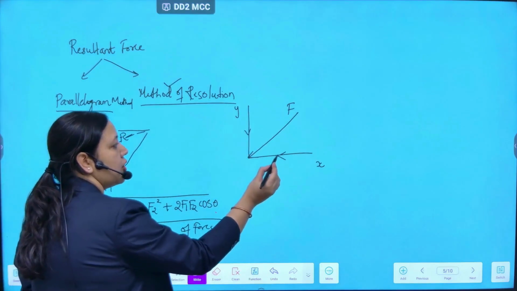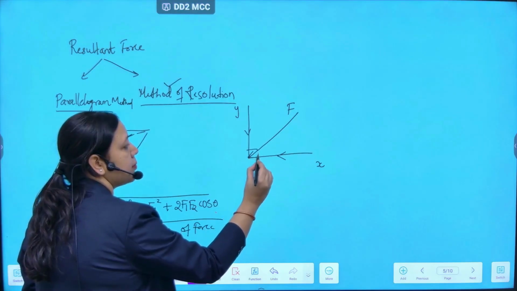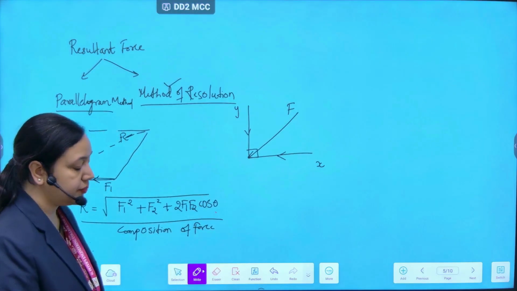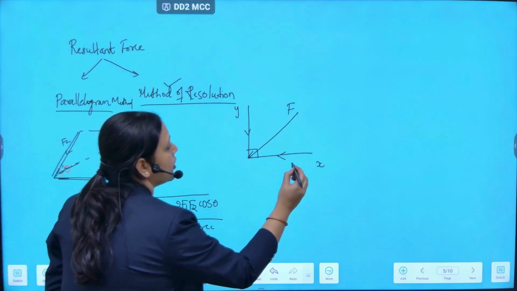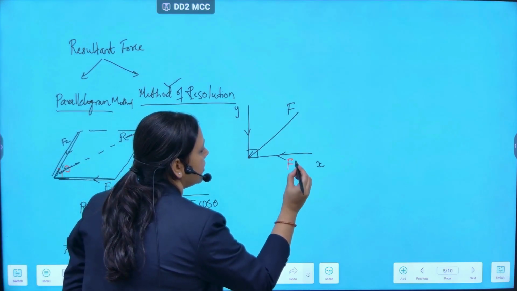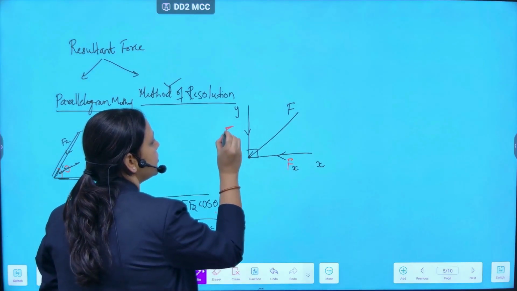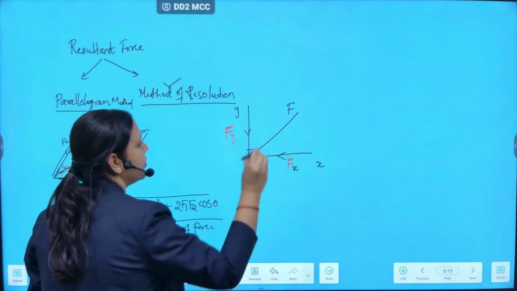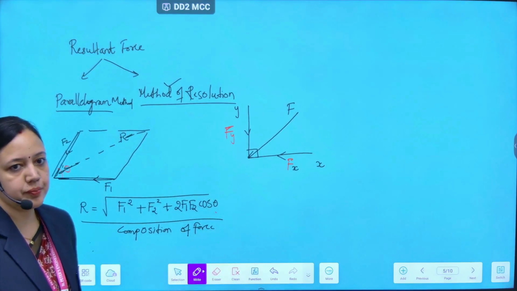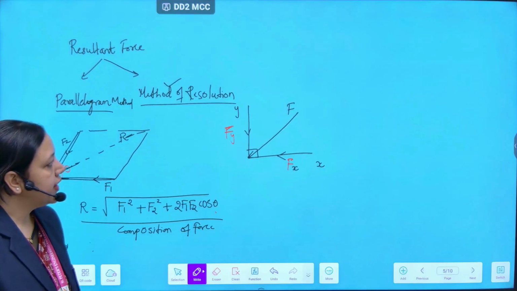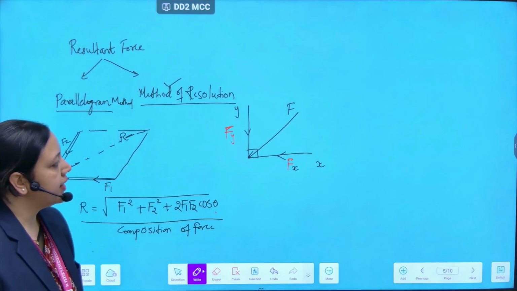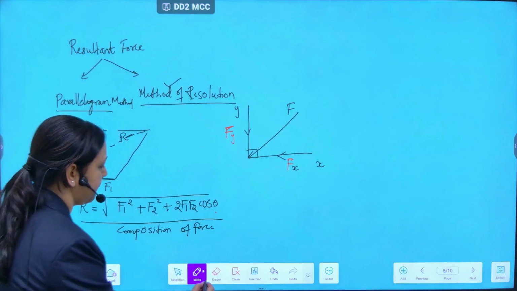The resolved components will be mutually perpendicular to each other. The component along the x-axis, I will call Fx. The component along the y-axis, I will call Fy.